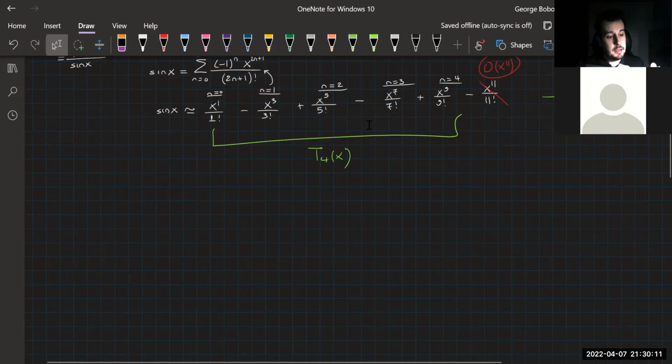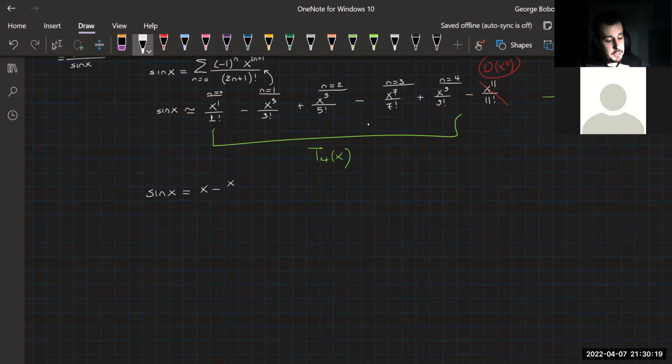Now, that means that sine of x can be written as x minus x cubed over 6 plus x to the 5th over 5 factorial, which is 120, and so on. 7 factorial, 7 times 6 times 5 times 4 times 3 times 2, is 5,040, so x to the 7th over 5,040.